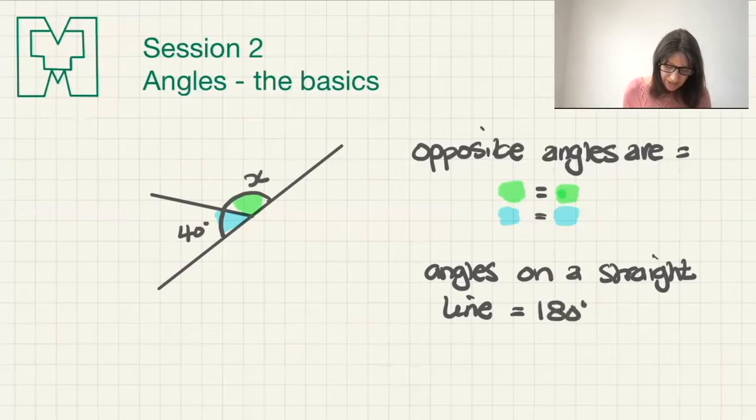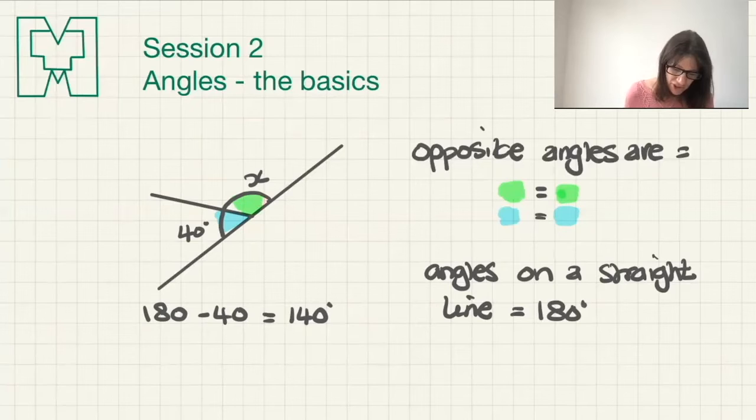Okay. So I know they add to 180. I'm going to take away the number I've been given, so I'm going to take away the angle I know. And that's going to leave me the angle I don't know. So for this question, this green X is equal to 140.